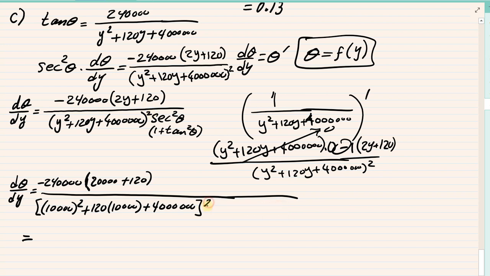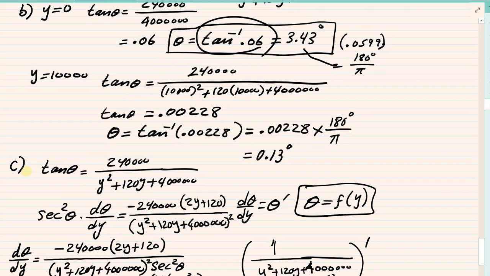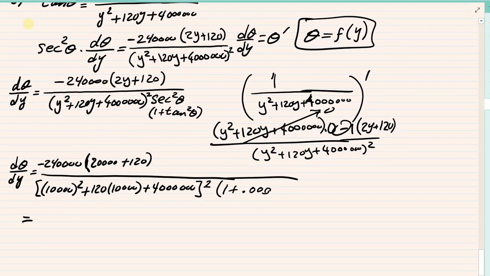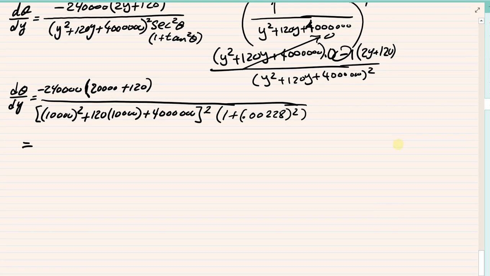So that's going to be squared times 1 plus tangent, which is 0.00228, that squared. What a messy problem, right?